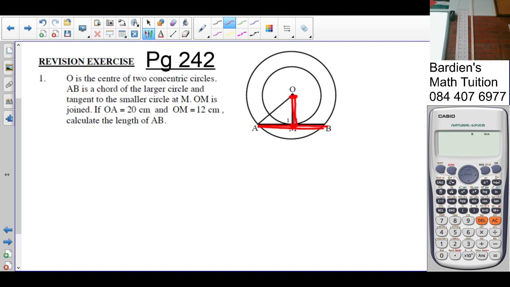What's the relationship there? M1 will be 90 degrees. Why? Radius perpendicular to tangent. M2 will also be 90 degrees.